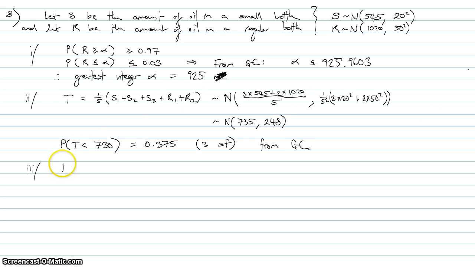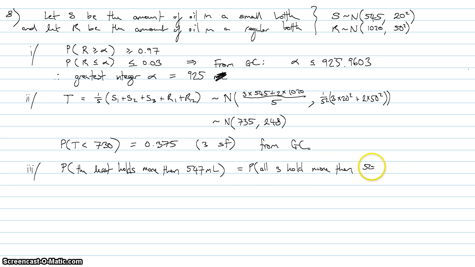So if I want the probability the least holds more than 547 ml, this is equal to the probability that all 3 hold more than 547 ml.